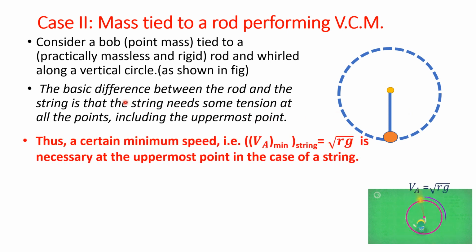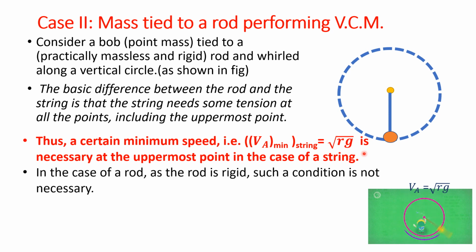The basic difference between the rod and the string is that the string needs some tension at all the points including the uppermost position, and thus a certain minimum speed at the uppermost position is always required, given by VA equal to square root of Rg.